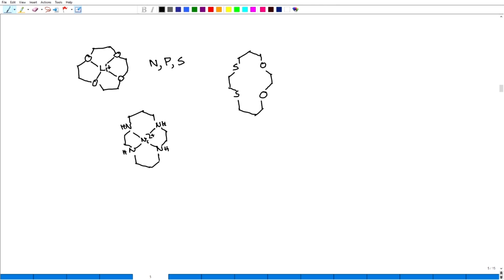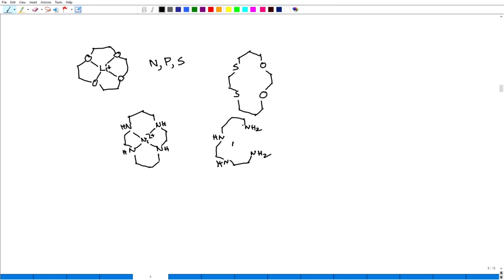Now, compared to if I get a compound like this, with NH2, this is an open chain.